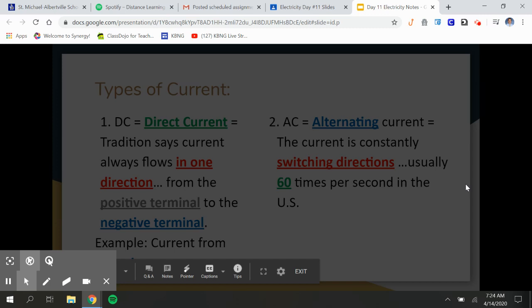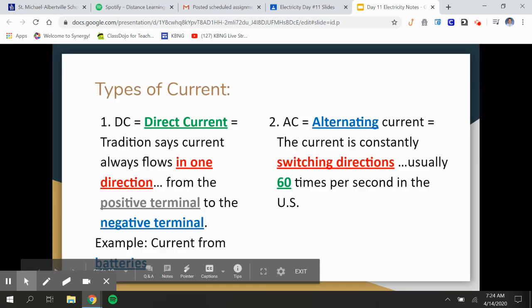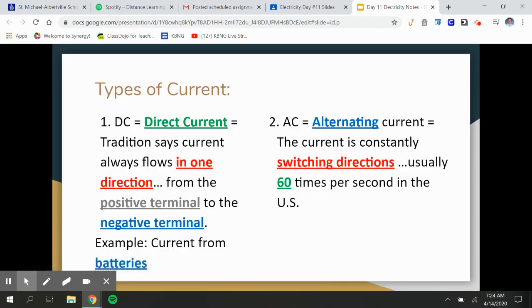Just a little bit about current. There are 2 types of current. Direct current is what a lot of our appliances work on. If you have a cell phone or a computer charger, they usually have one of these blocks on them. That block is actually an AC to DC adapter. It takes the alternating current that comes out of the wall and converts it into direct current that your computer or your phone can use.